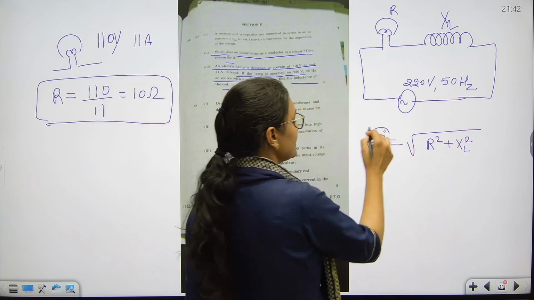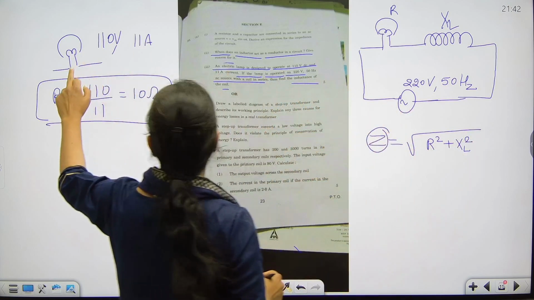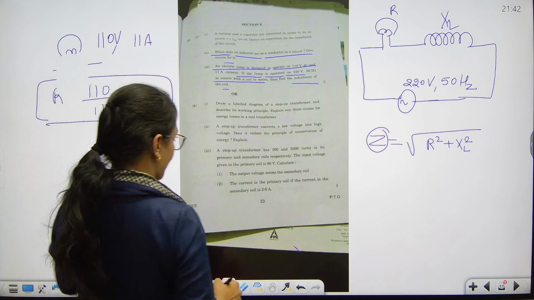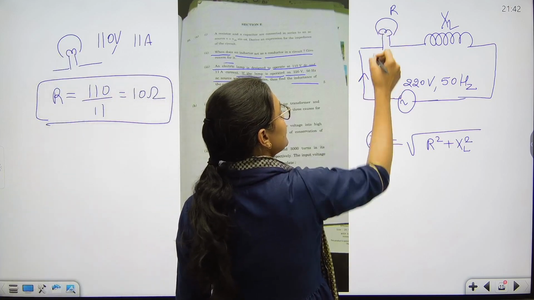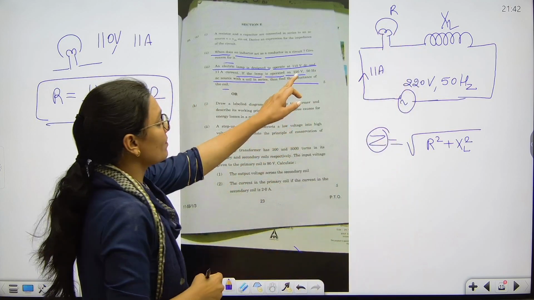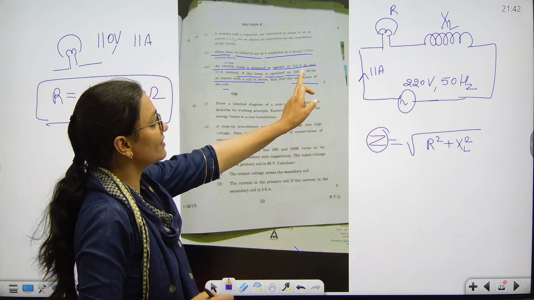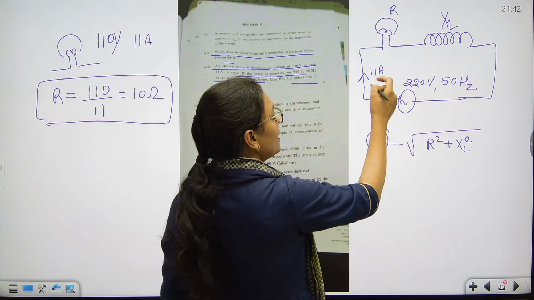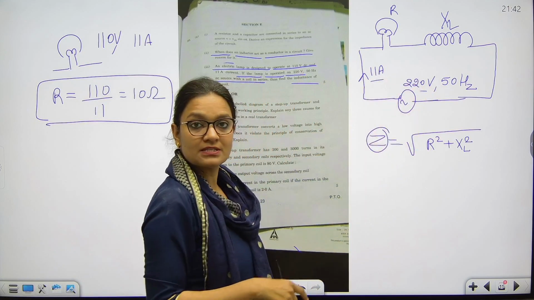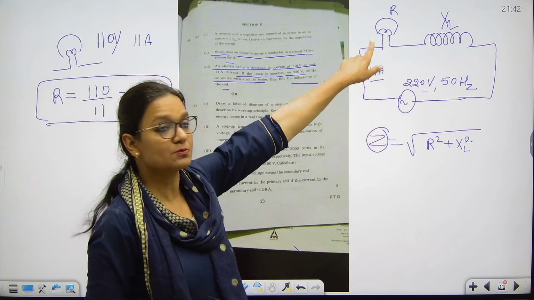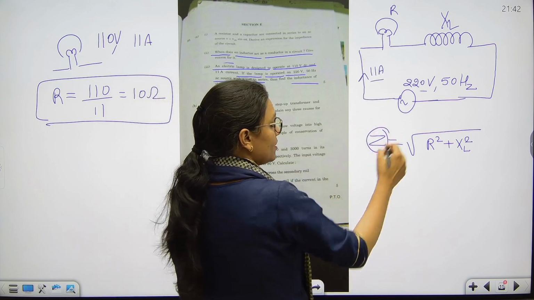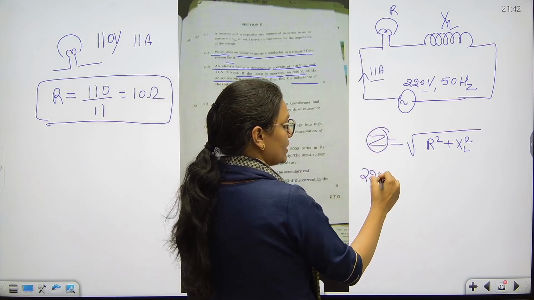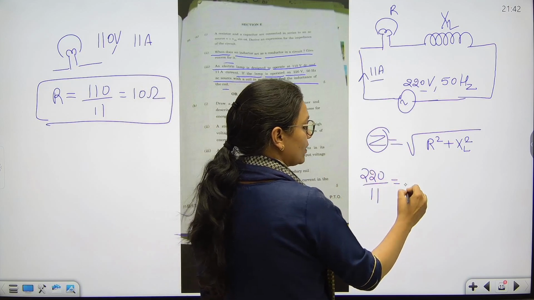What is the impedance? This electric lamp has the current 11 ampere, na? The rating is 11 ampere, means 11 ampere will flow from here. So we have 11 ampere, the voltage supply is 220 volt. Now current and voltage will give us the impedance of this particular circuit, on this current value, that is 11 ampere.